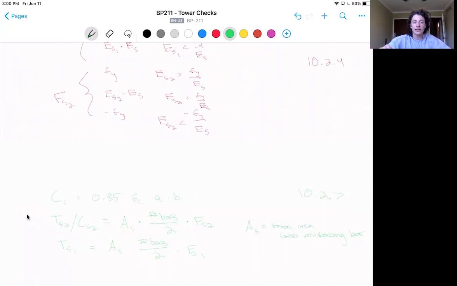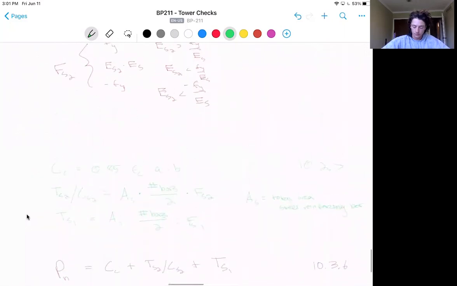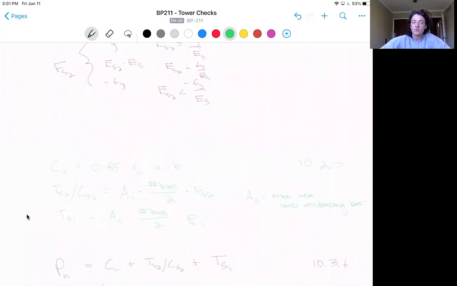So finally, we can calculate our axial and moment capacities. First, the nominal axial capacity is just going to be the sum of the concrete compression and steel tension and compression. This comes from section 10.3.6, for the maximum axial strength. Remember that signs are important here.